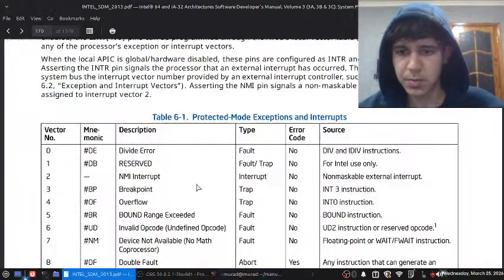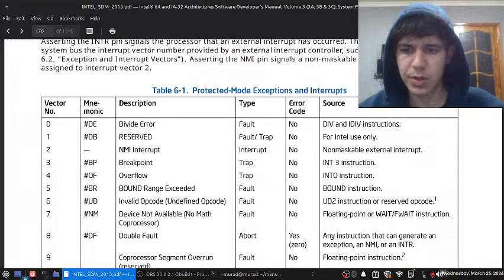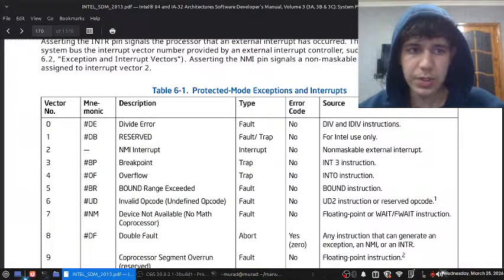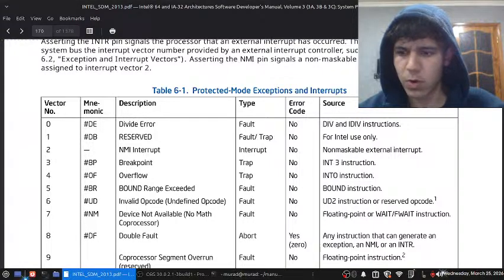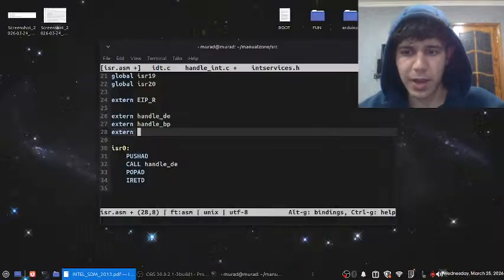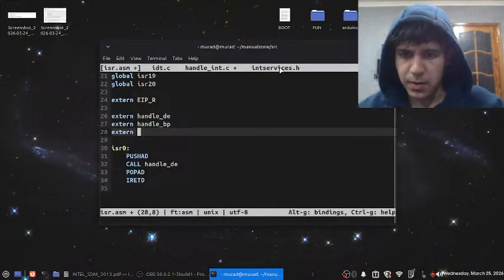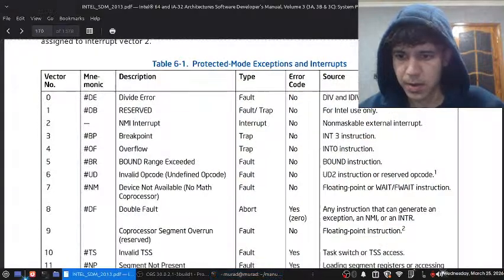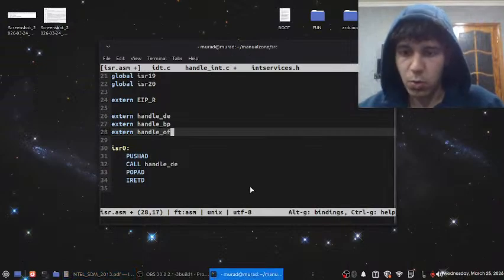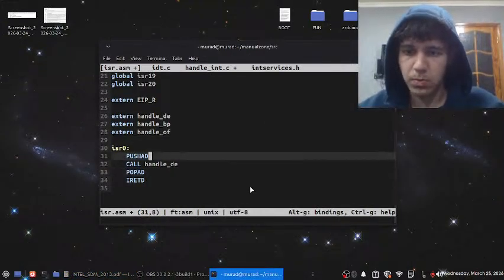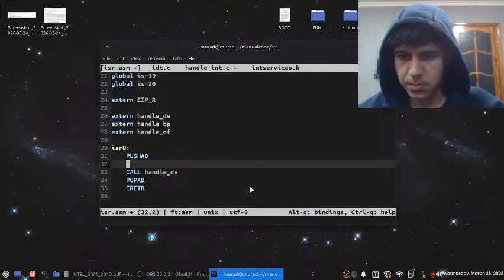Handle base breakpoint, handle overflow. When an overflow occurs, the overflow flag is set in the E-flags register. What is the overflow? Oh, I have to do things here.